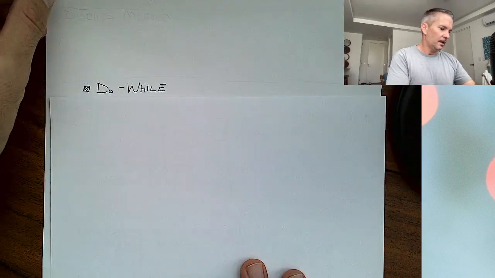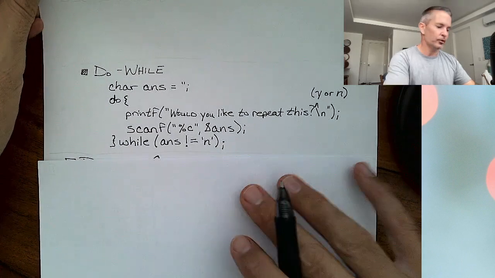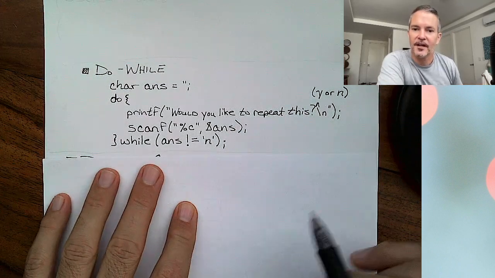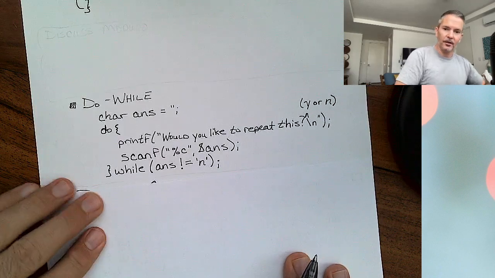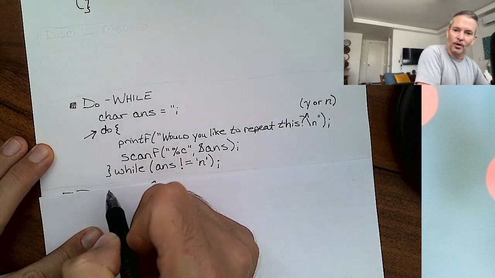Okay, quickly, let's look at another kind of loop. It's called the do-while loop. The do-while loop is very similar to the while loop. Look at it here. I start with a statement with the word do.